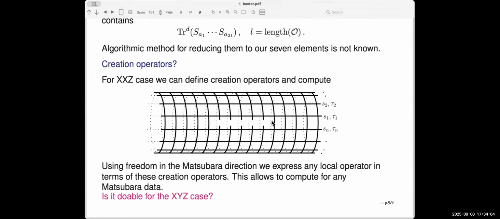I won't go into details. So we need to find creation operators to compute these partition functions, and to fulfill the entire program for the XYZ case. Is it doable or not? I don't know, but what I know for sure is that it is probably for the younger generation to do this, if somebody is interested.